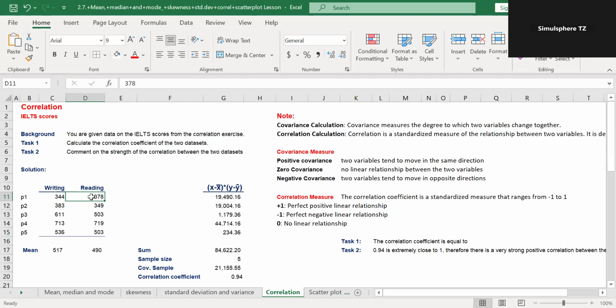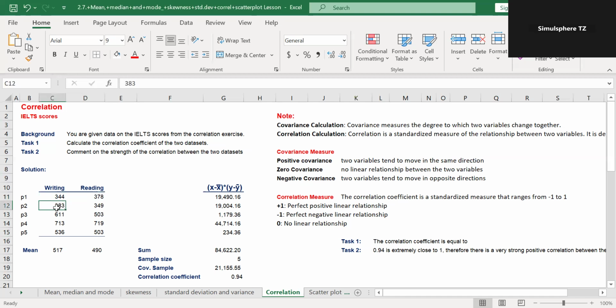So to begin to calculate, first, we will need to solve for covariance. What is covariance? Covariance is the measure that helps us to measure the degree to which two variables change together. While the writing score is changing, the reading score is also changing. For person 1, this person scored 344 in writing and 378 in reading.